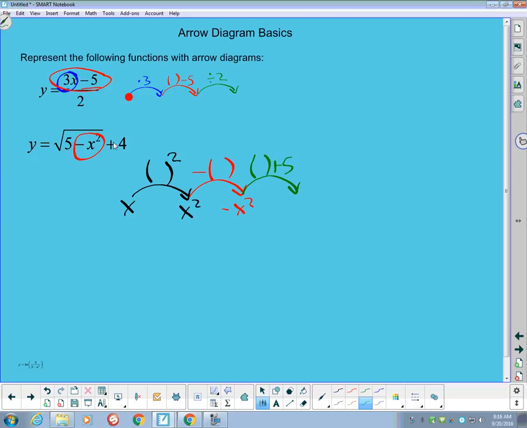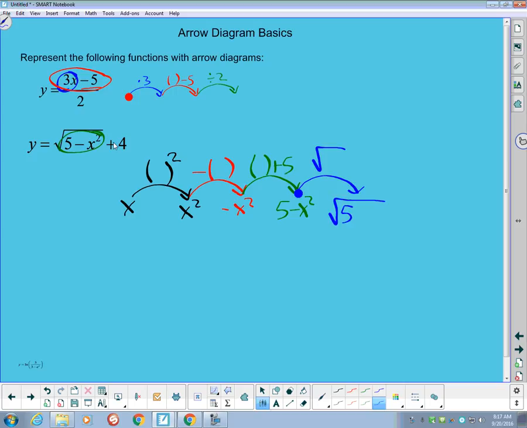And when we add 5 onto that, we get the 5 minus x squared. So we now have this piece. And then we need to stick it under the square root. So our next option there is just going to be square root, and it says take whatever is at the input of this arrow right here and stick it under the square root.